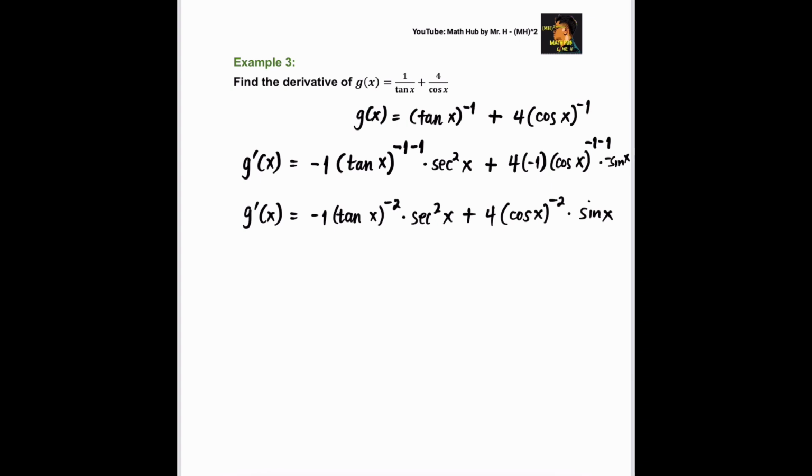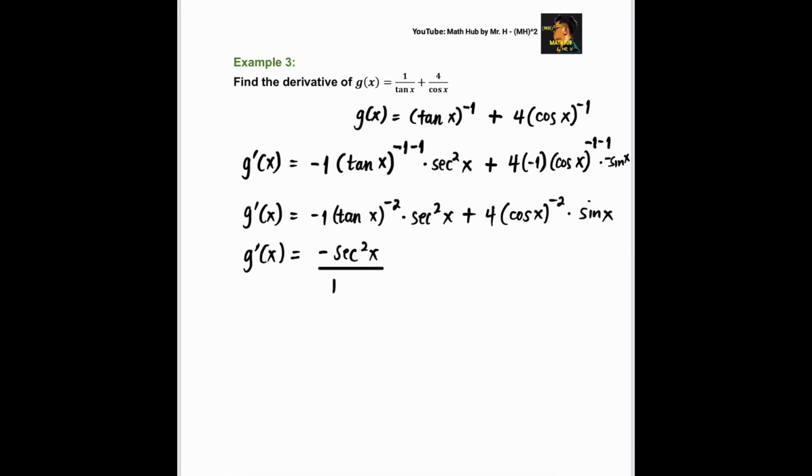After this, you can take a look at each term and maybe we can do something to simplify it. It will be -1 times secant squared x, so negative secant squared x. And this one has a negative exponent, and applying the law of exponent, we can put it down.